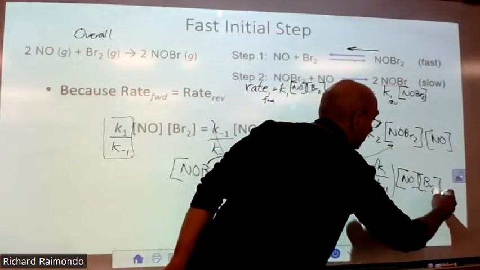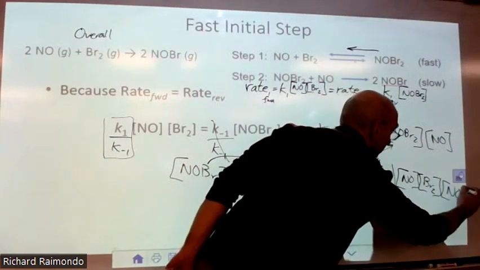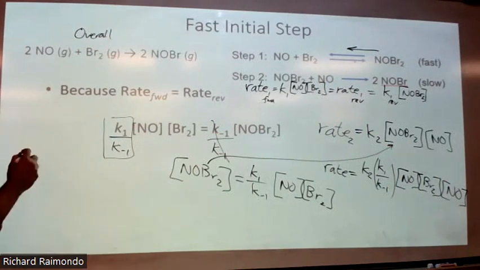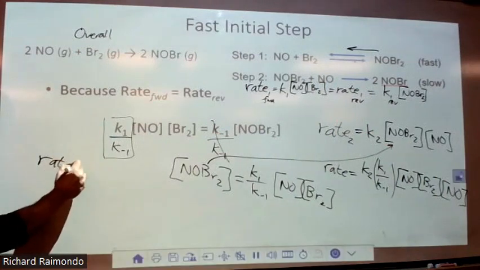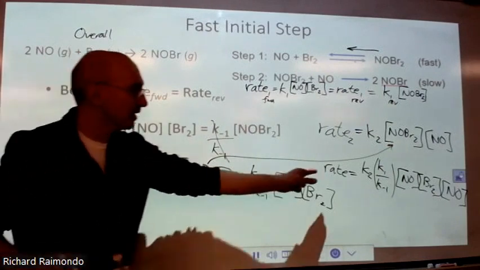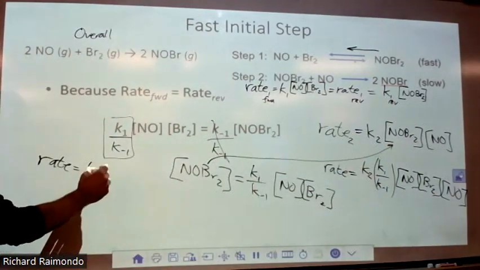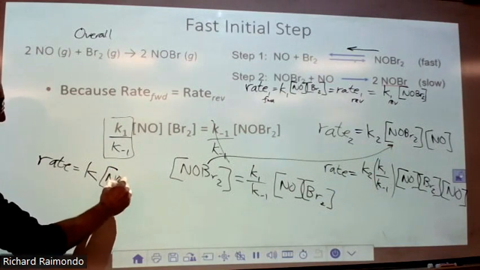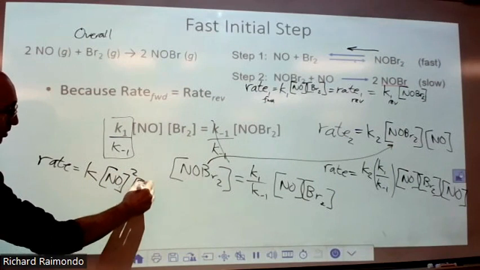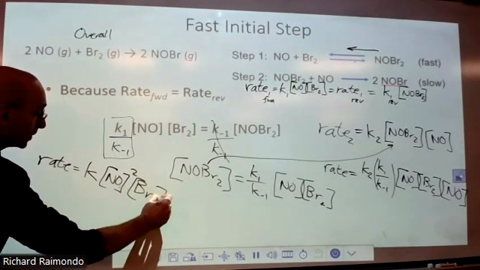When we clean that up, we get rate equals a new constant, the overall constant, which is all these constants smashed together, times the concentration of NO squared times the concentration of Br2.